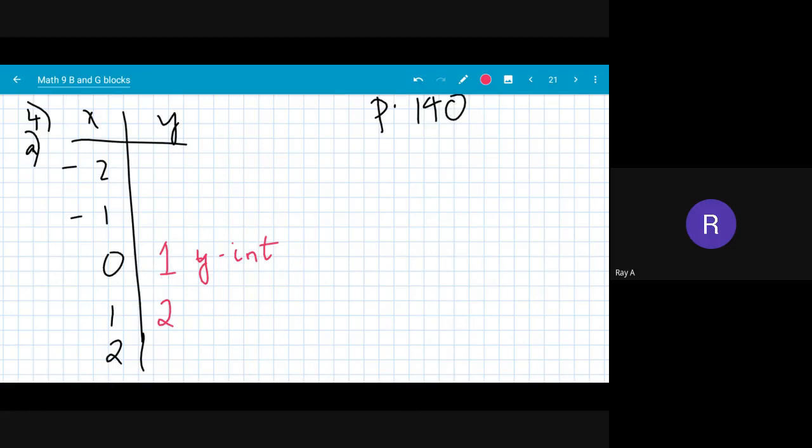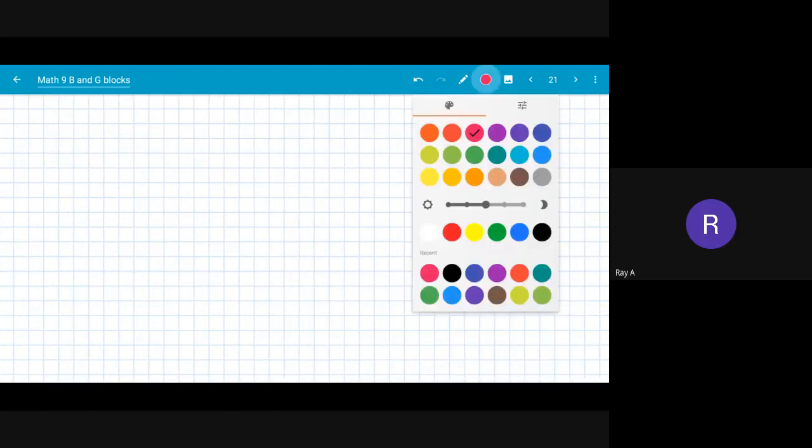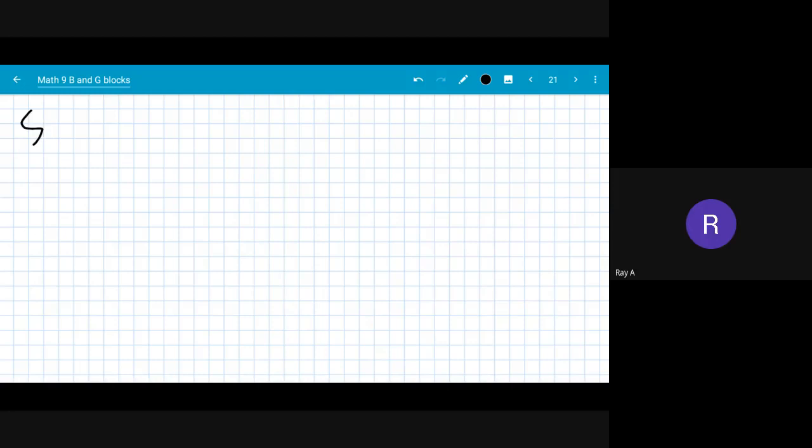Now with number 5, sketch a graph of a linear equation parallel to the given equation that passes through the point indicated. All I'm going to tell you is if you are graphing a line which would be parallel to another line, that means they will not intersect.